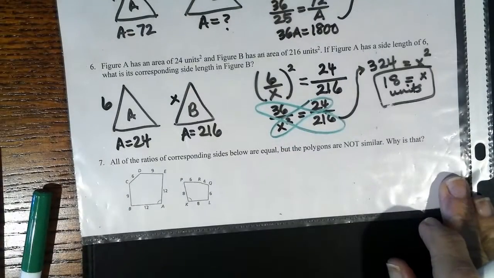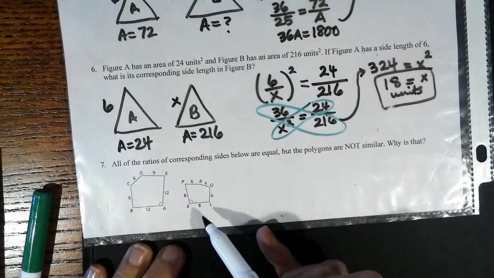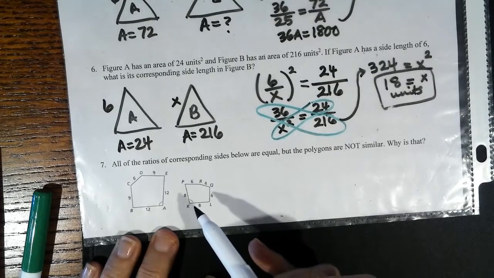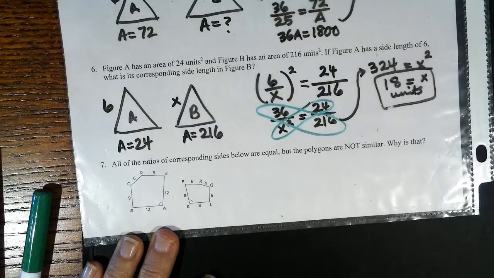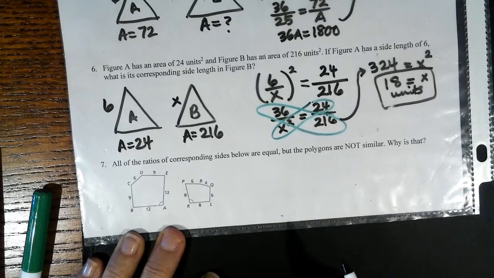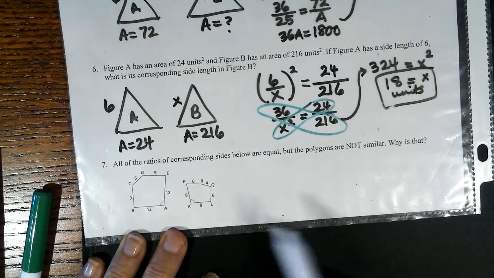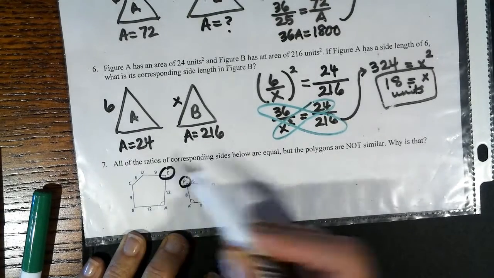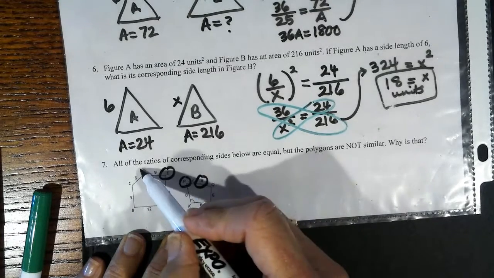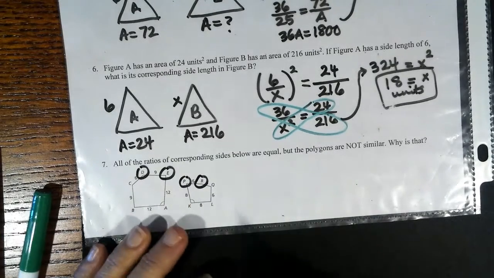All right, and last but not least, if you get a couple of things to compare, and all the ratios of the sides are equal, but the polygons aren't similar, then your angles, you have to check all your angles. So see how this angle and this angle are not the same? You can tell they're not the same.